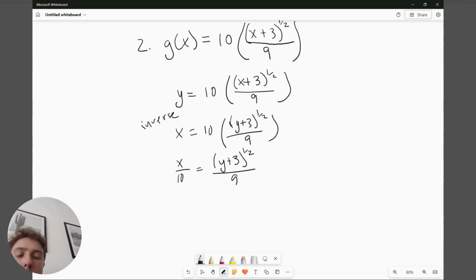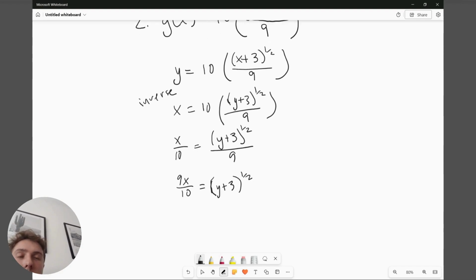Before I can deal with the y on the inside of the parentheses, we need to figure out what's on the outside and get rid of it. So maybe I now multiply by 9 on both sides. That gets rid of the 9 on the right, leaving me with just y plus 3 to the 1/2. Before I can move anything inside the parentheses, you need to get rid of whatever's causing the parentheses. That is the 1/2. Well, if you're raising something to the 1/2, that's the square root, basically.